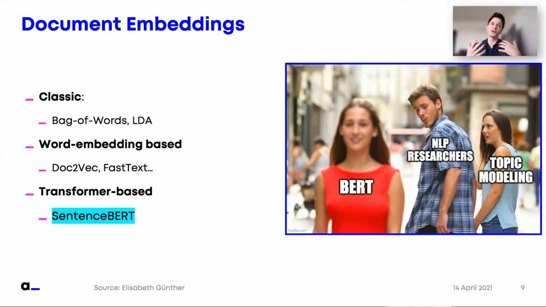We can go a little bit more fancy, and instead of these numbers, we could use vectors, for instance, using doc2vec or fastText. However, research has proved that this is not the best solution, and there are better approaches that take, for instance, the context of the words into consideration. Therefore, I decided to look at something called transformer-based embeddings, and the most prominent example of these is Sentence-BERT.